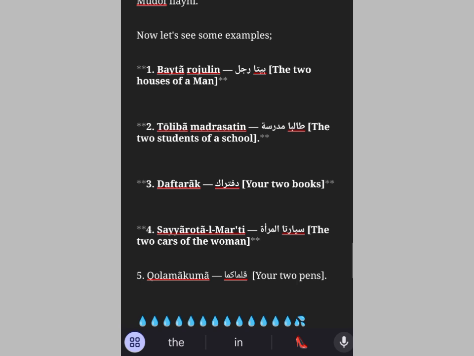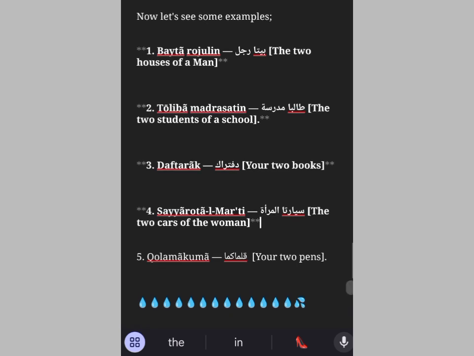The alif will be pronounced as though it's not there, but you've got to elevate your accent. سيارة المدرسة. Is that okay? You're going to increase your accent.